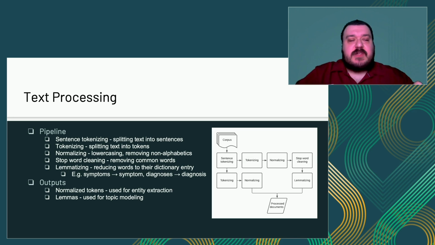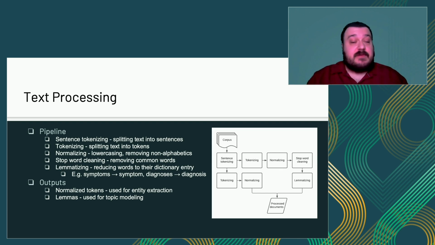So normalizing is just something that will simplify the vocabulary space by lowercasing things, removing non-alphabetics, and stop word cleaning is something I only want to do on the part where I'm doing more aggressive filtering, because stop words can actually be part of maybe a chemical name or a disease name.